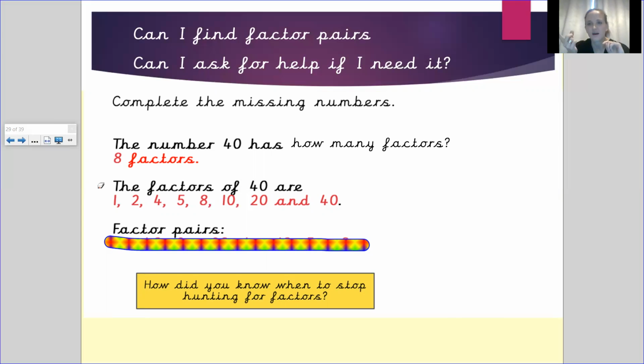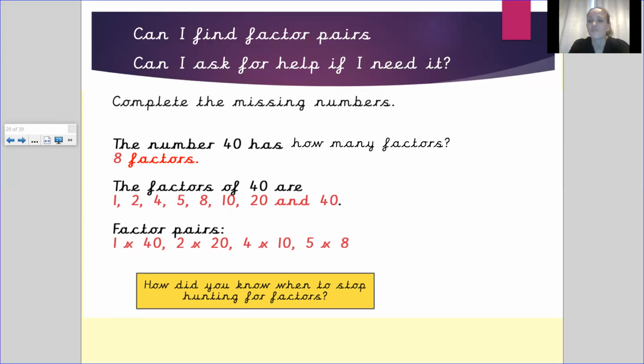So 8 times 5, 10 times 4, 20 times 2, 40 times 1. Okay. So we have got all the factors that we need. So our factor pairs would be 1 times 40, 2 times 20, 4 times 10, and 5 times 8.